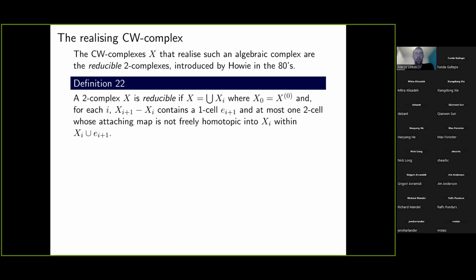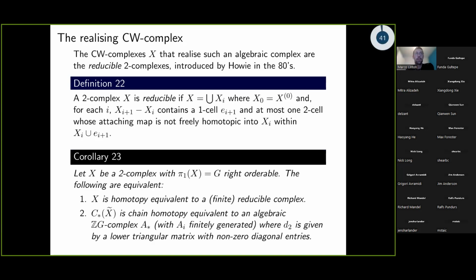So what's the upshot? If you have a 2 complex with right orderable fundamental group, then you can detect whether this 2 complex is homotopy equivalent to a reducible complex just by looking at the chain homotopy equivalences of the chain complex of the universal cover.